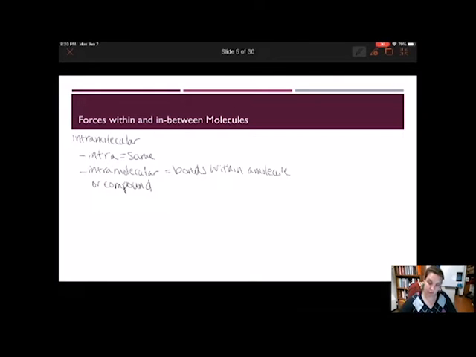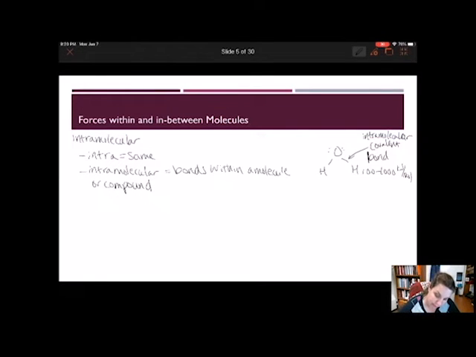So we have something like water. This would be an intramolecular force. It's our covalent bond. Intramolecular. Okay? Now this has a very, very large energy, between 100 and 1,000 kilojoules per mole.